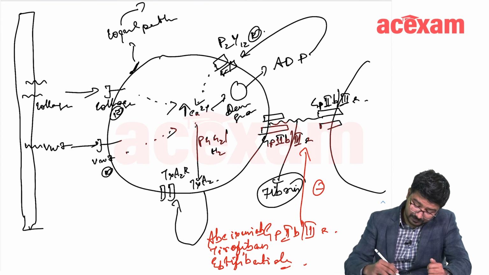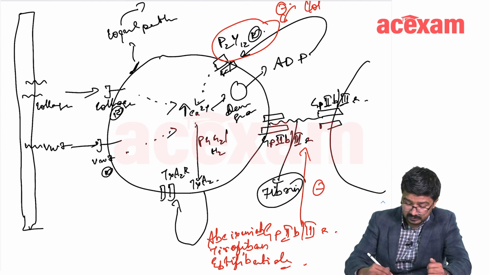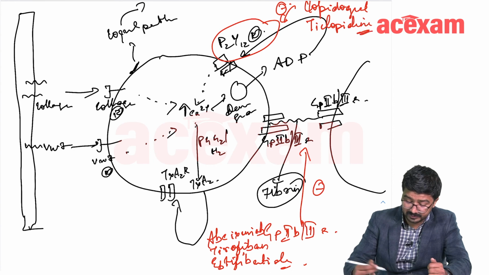Next are the P2Y12 receptor inhibitors. Irreversible ones are clopidogrel and ticlopidine. You also have reversible inhibitors, which are ticagrelor and cangrelor.